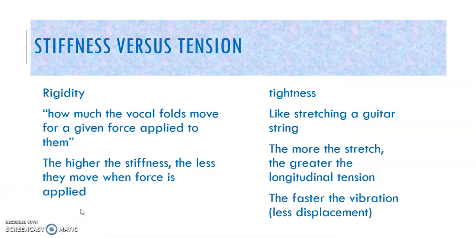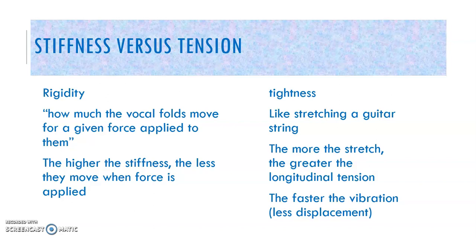To contrast rigidity and tightness: with rigidity, we're talking about the displacement. If something is rigid, you can't displace it. And tightness would be more that tension aspect. For the rigidity side, imagine a stage curtain made out of a thick fabric.